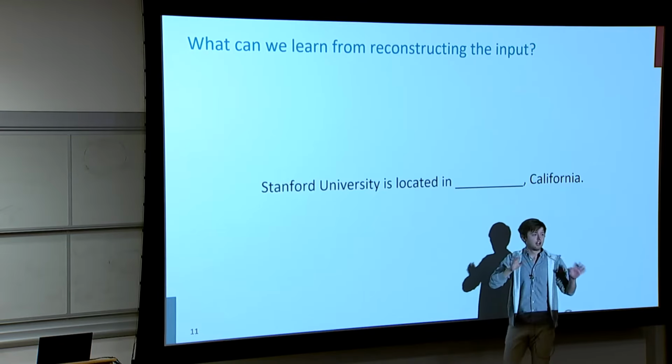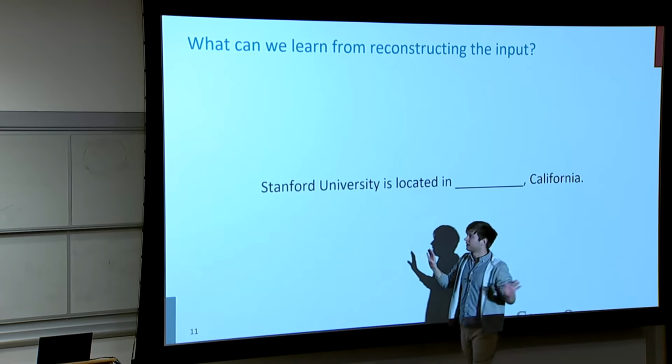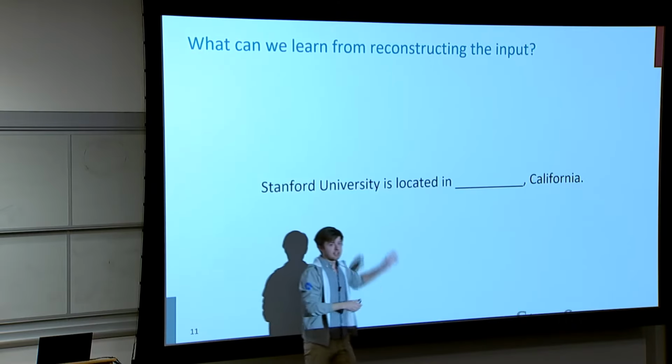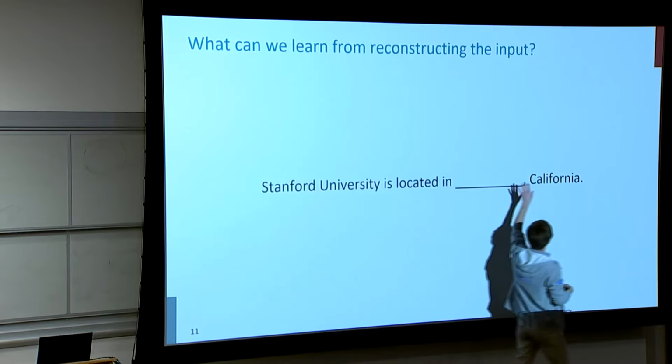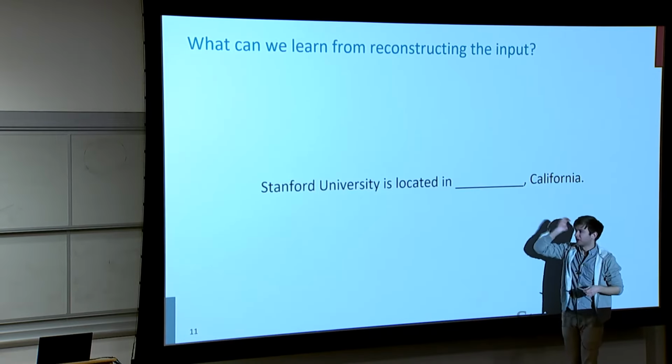So this is now a supervised learning problem, just like machine translation, right? I've taken this sentence that just existed. Stanford University is located in, say, Palo Alto, California, or Stanford, California, I guess.